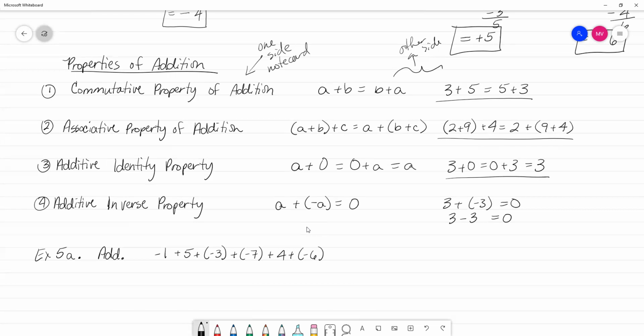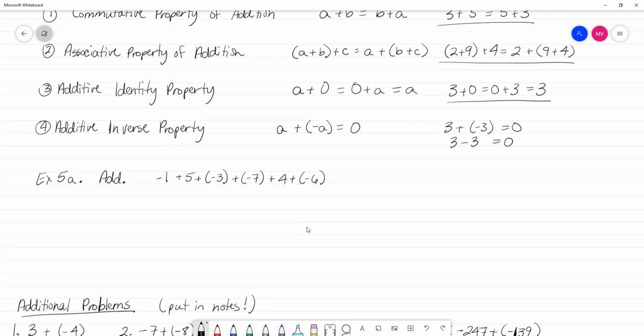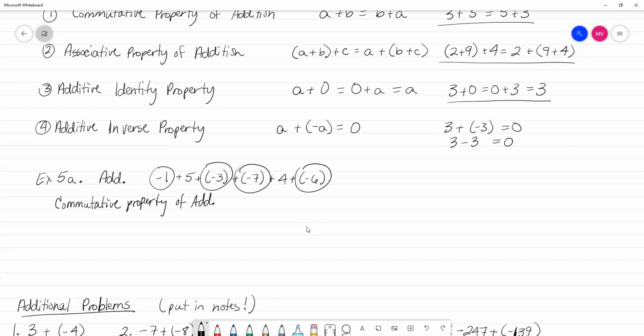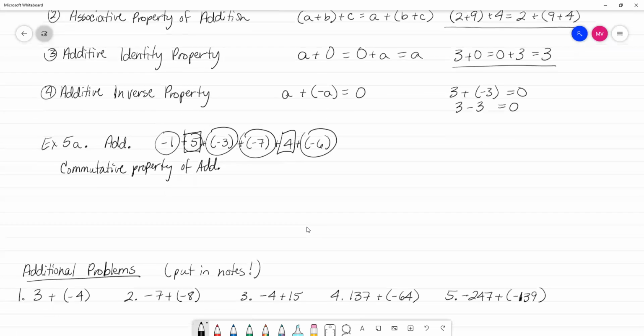Okay, let's look at an example of these properties. I'm just doing the first one here. First off, we're going to use the commutative property of addition by combining all of our negative numbers together. Okay, so commutative property.